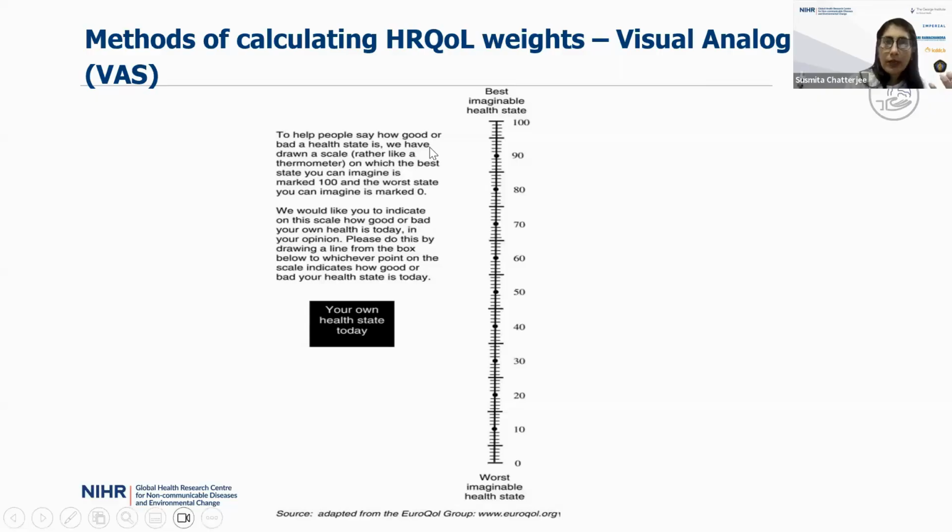So that's one of the challenges, but this is the most straightforward scale to get a utility score. If it is 50, then 0.5; 60, 0.6; 62, 0.62. It's very easy to get.